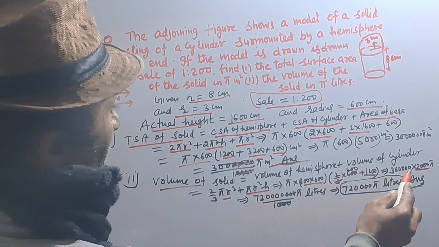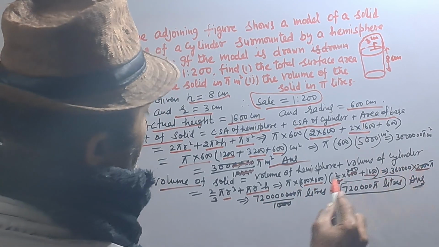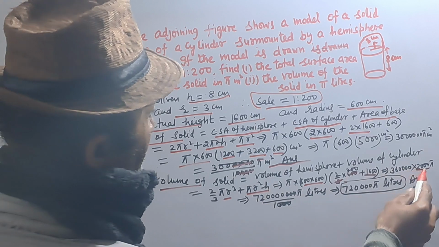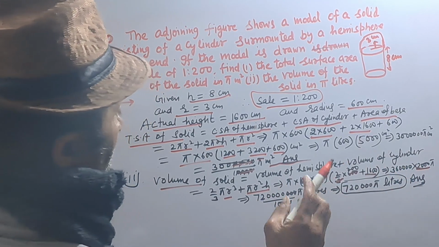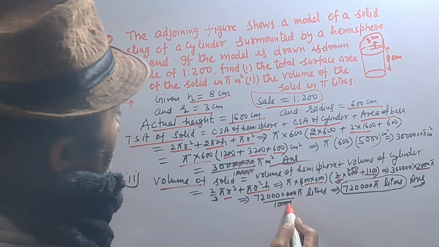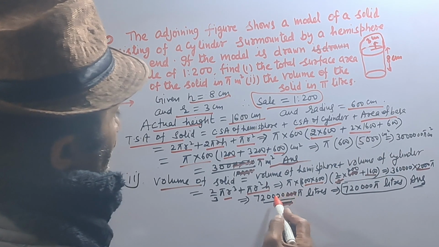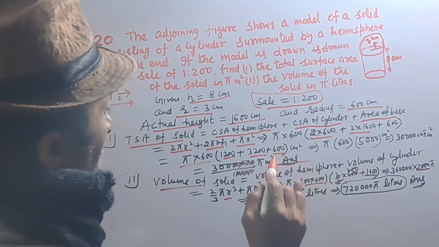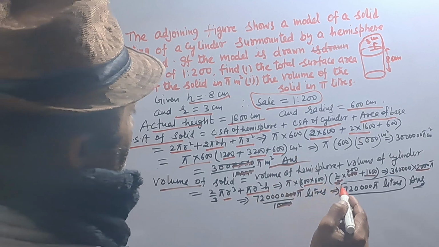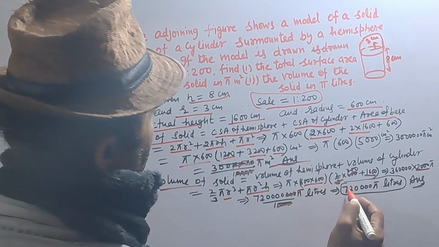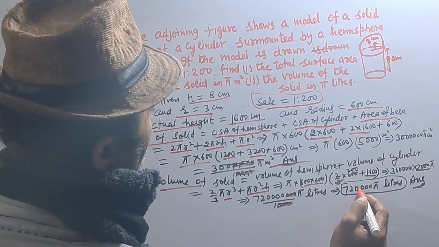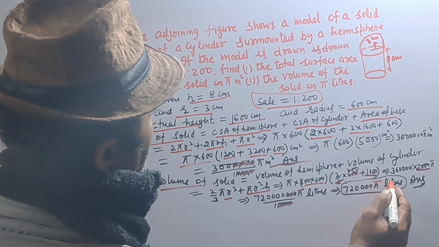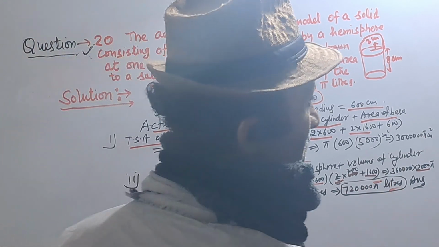Then 36 2s are 72 and 7 zeros, and we change to liters, divided by 1000. 3 zeros are cancelled, and in terms of pi liters, we get the volume of the solid is equal to 72000 pi liters. Answer. Thank you.